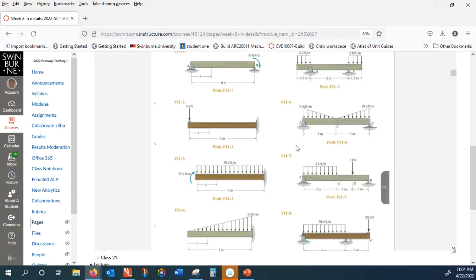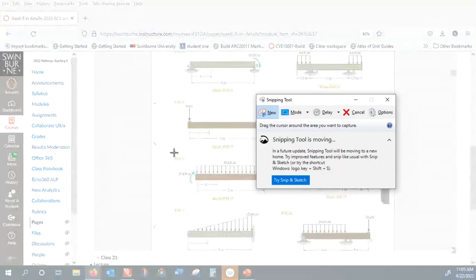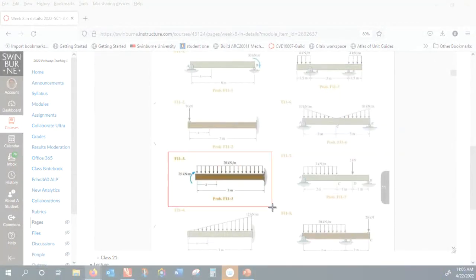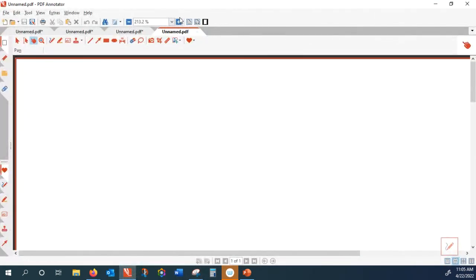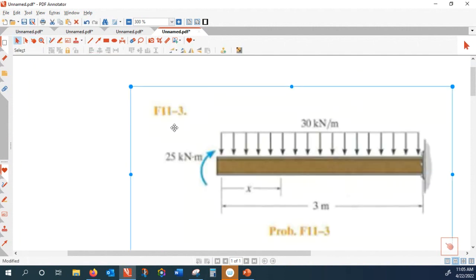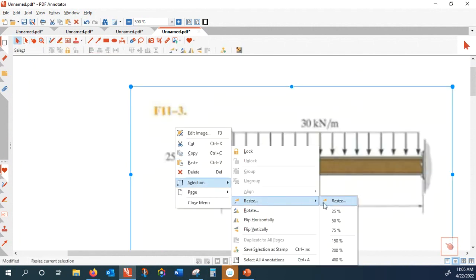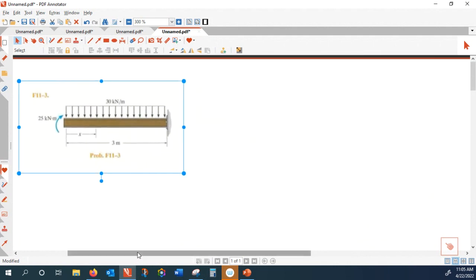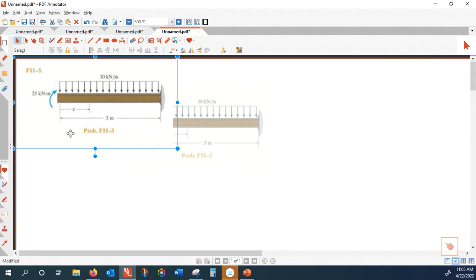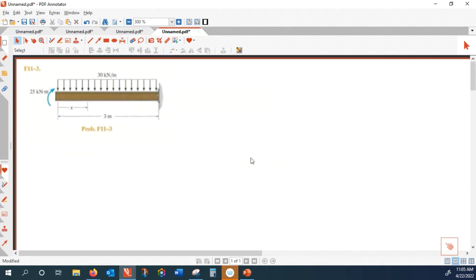Okay, let's get 11-3. I start with labeling the shape.